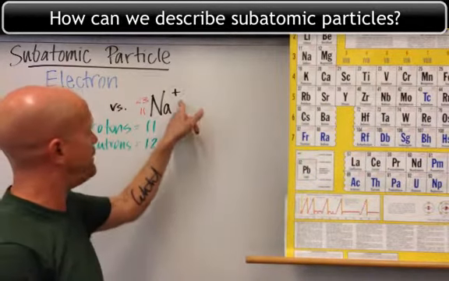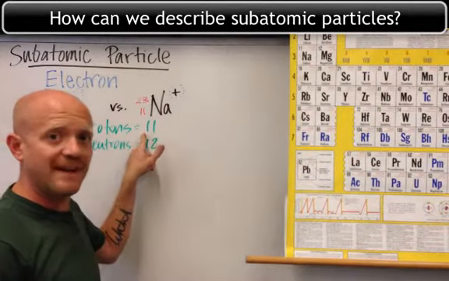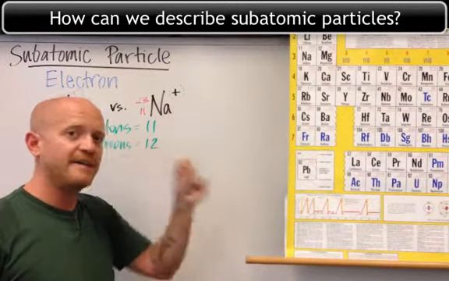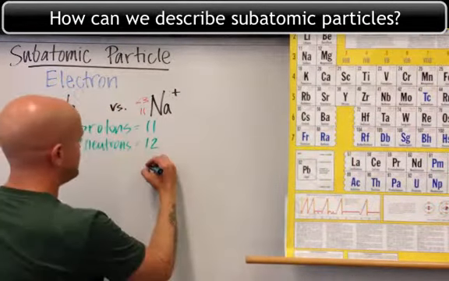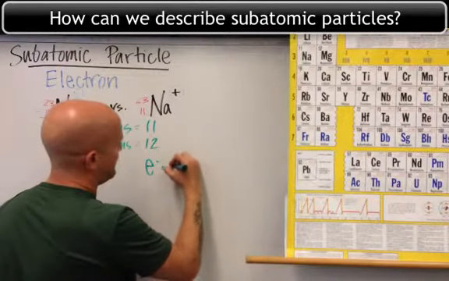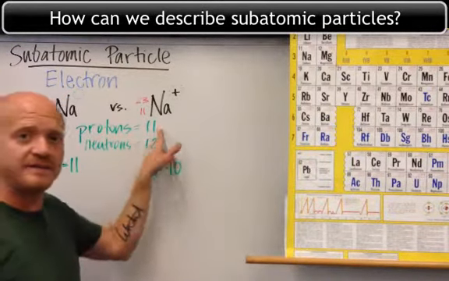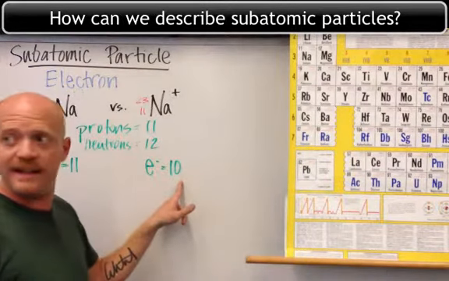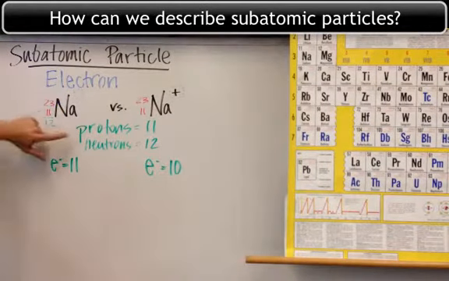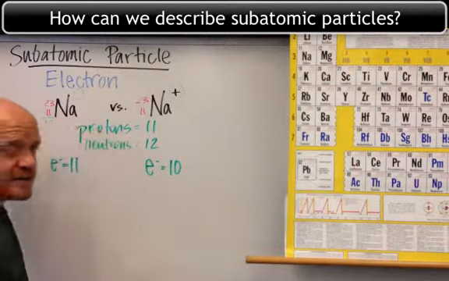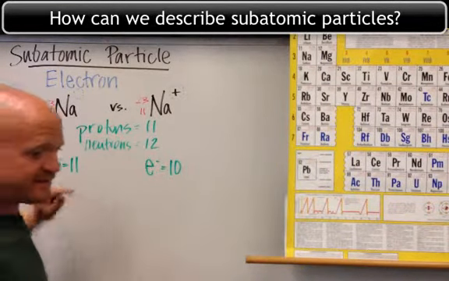Now this one, protons equal 11. Electrons, since they're negative, there has to be one fewer. So electrons in an ion of sodium is 10. 11 protons, 12 neutrons, 10 electrons. This one, 11 protons, 12 neutrons, 11 electrons.